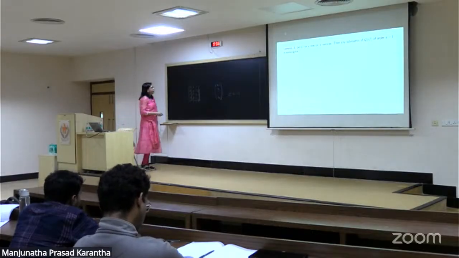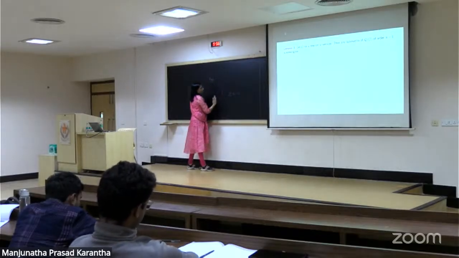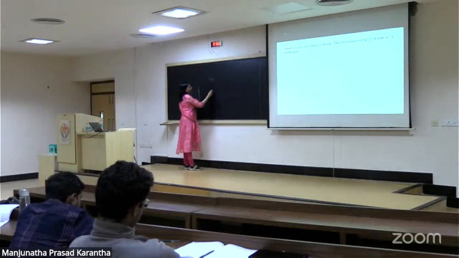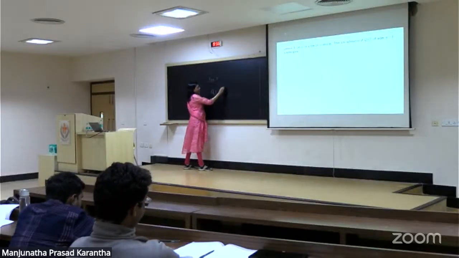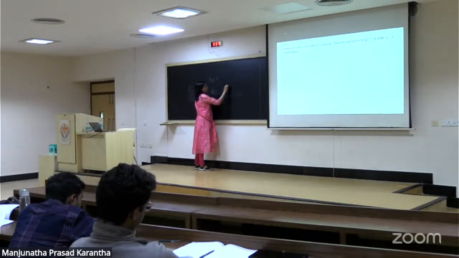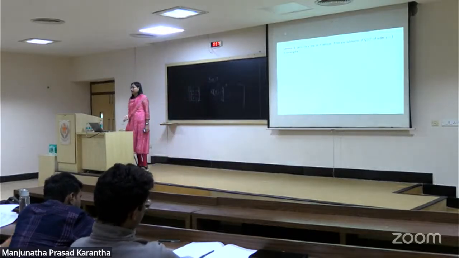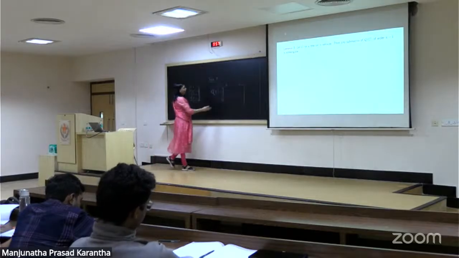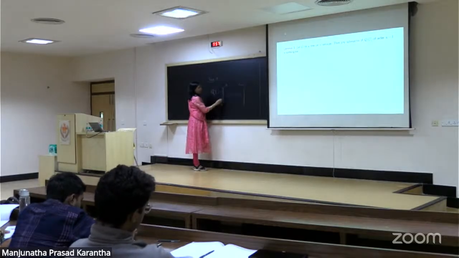When I'm taking this, there are n minus 1 columns.